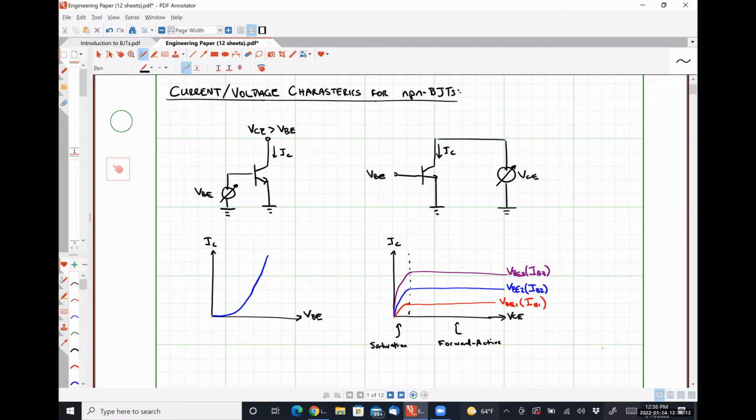When we were describing how a BJT transistor operates, I mentioned something about that equation. Well, let me write it down here.